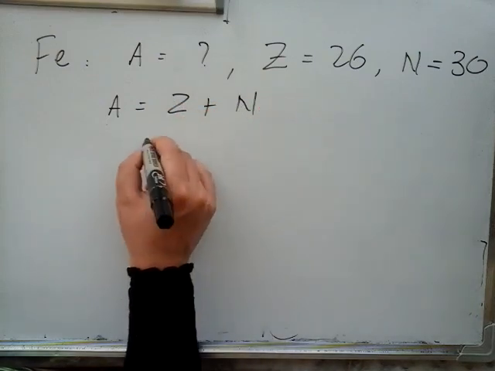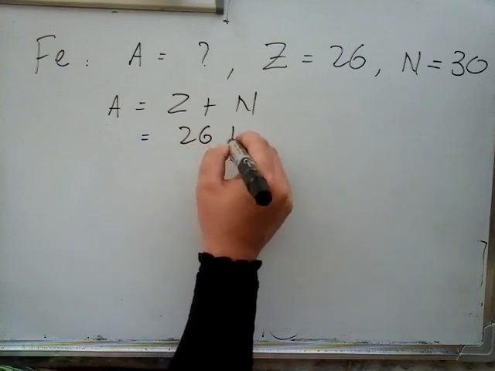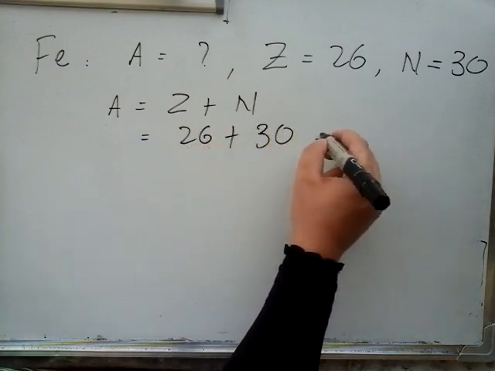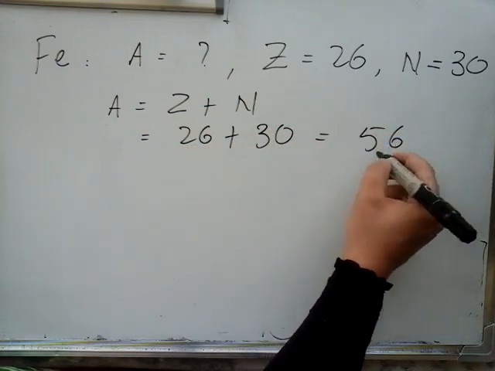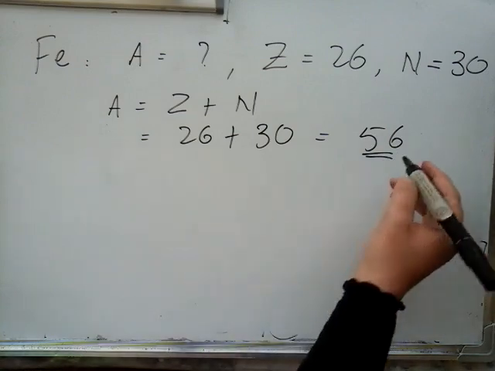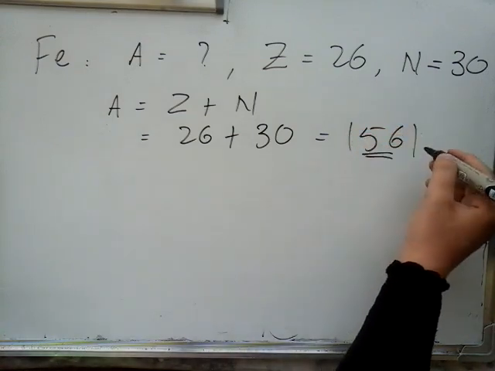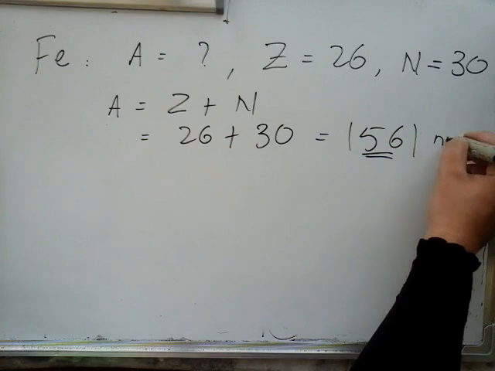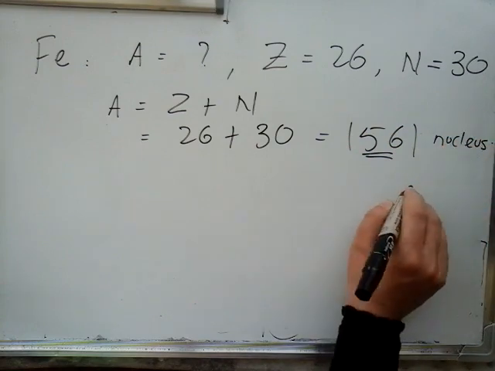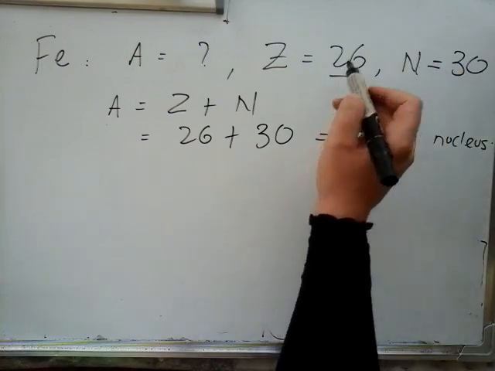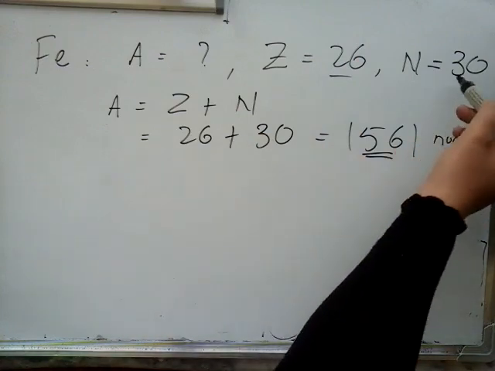So we add 26 plus 30, and it comes out to be 56. 56 is the mass number. It means that there are 56 subatomic particles inside the nucleus, and they have 26 electrons, 26 protons and 30 neutrons.